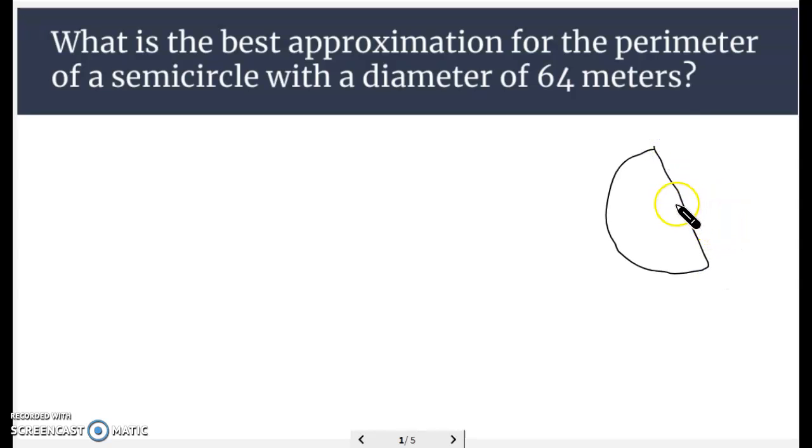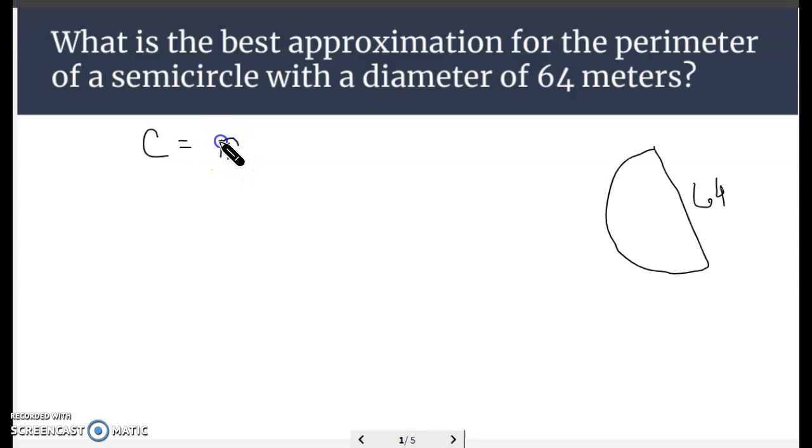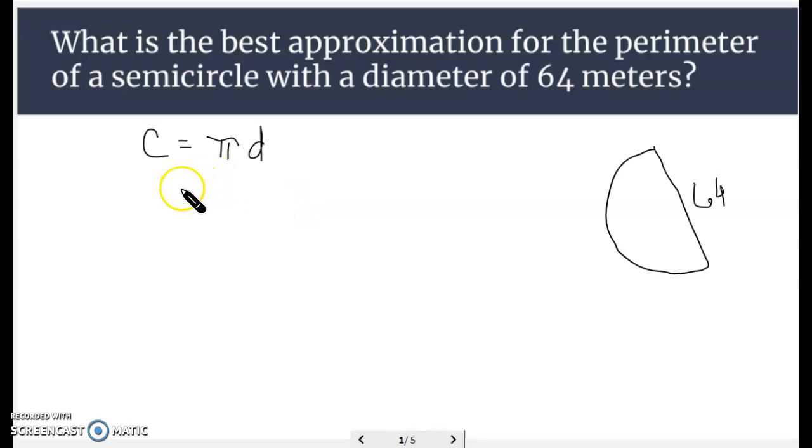Here's a semicircle, diameter 64. If you remember, the formula for the circumference is pi times diameter. But since we're doing a half circle, we take half of that. But then we also need to add the length here of the diameter.